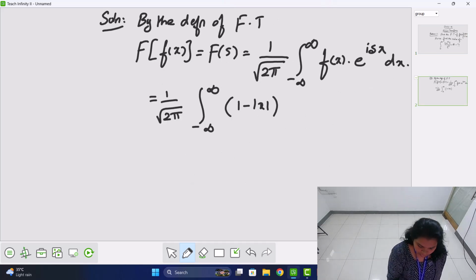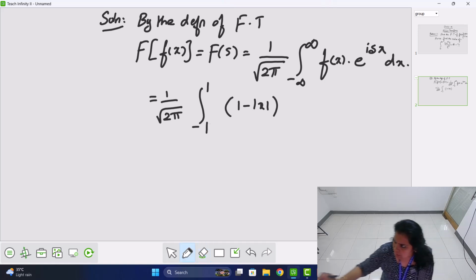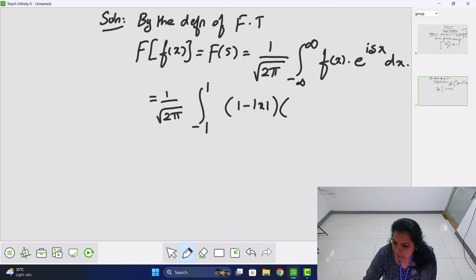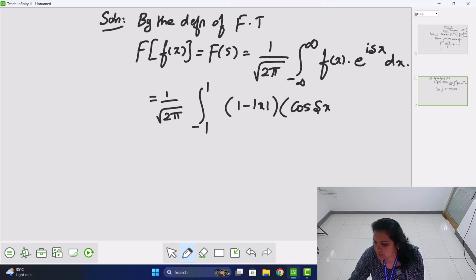Once you substitute the value for f of x, the limit will change to minus 1 to plus 1. As you know, mod x less than 1 means x will take the value from minus 1 to plus 1. Now e power isx is cos sx plus i sin sx.